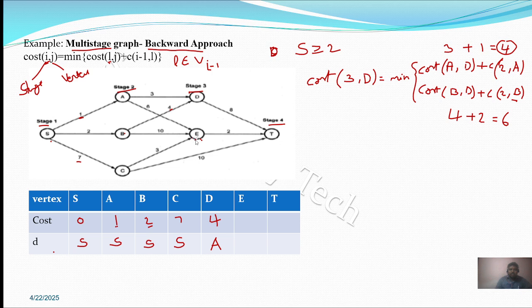Next I have to find E. Here also you can see there are 3 edges.